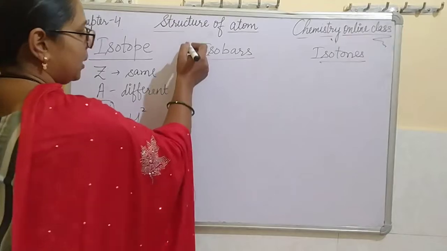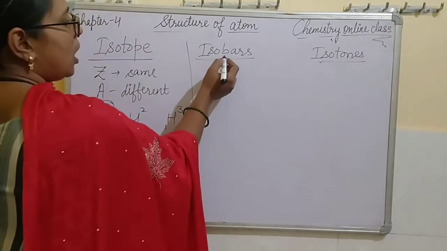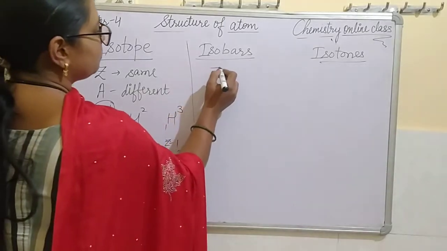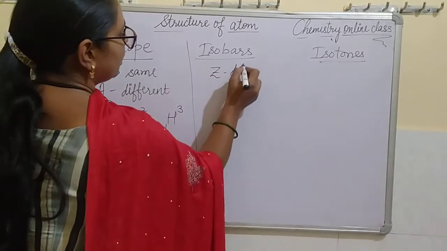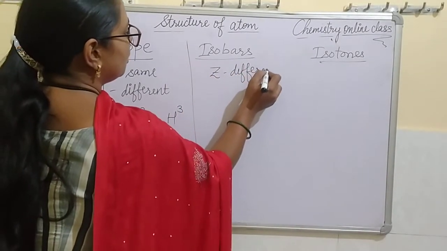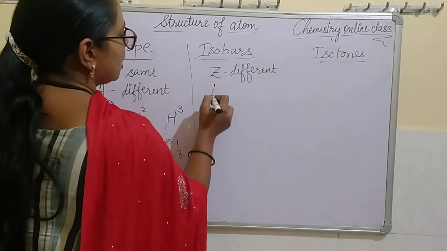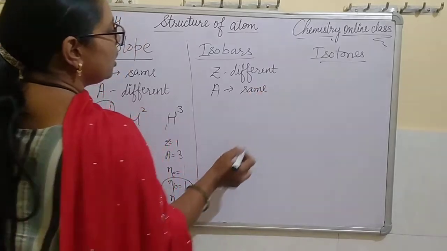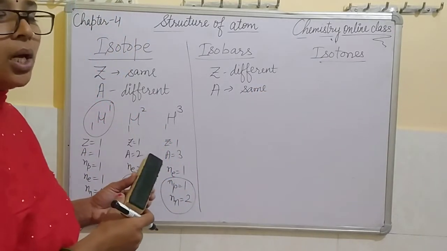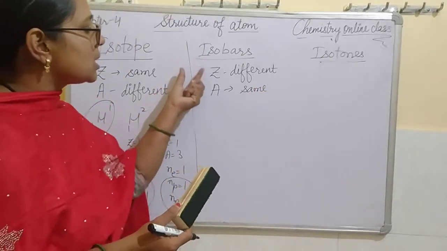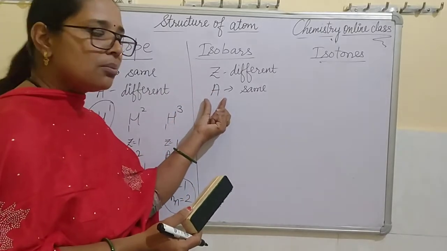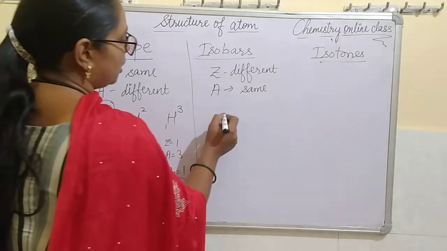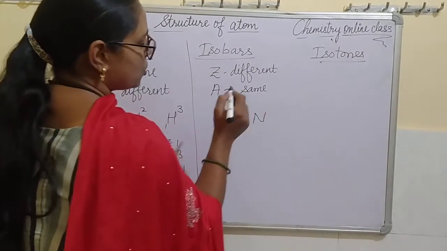Then the next topic is isobars. What are isobars? They have different atomic number but the same atomic mass number. Isobars have the same atomic mass number but different Z. For example, I am writing here carbon and nitrogen.